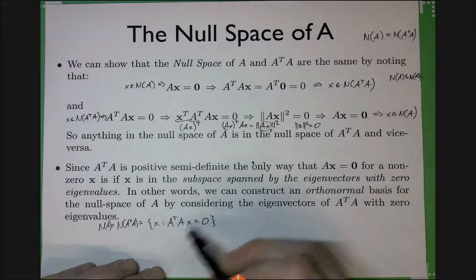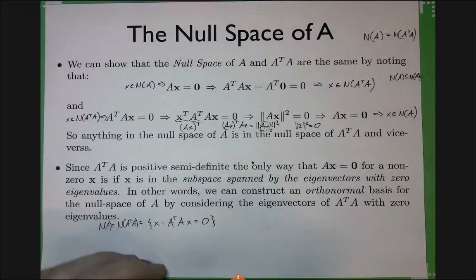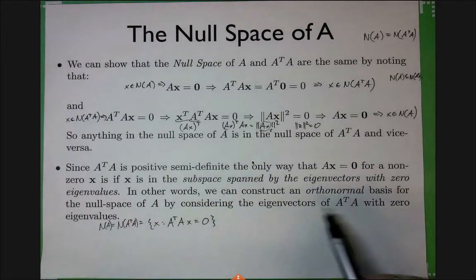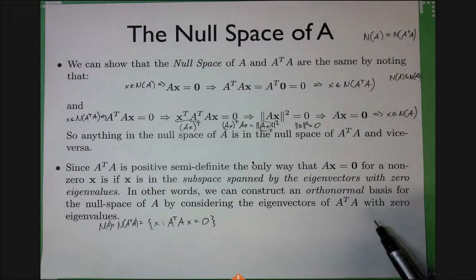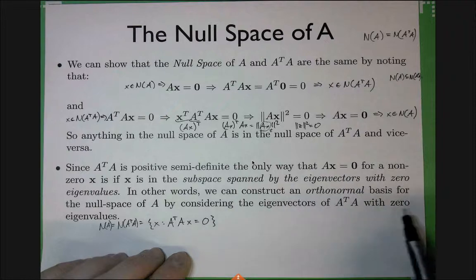If I already have the eigendecomposition of AᵀA, what am I looking for? Well, it's written exactly here. I'm looking for the eigenvectors that correspond to 0 eigenvalues.